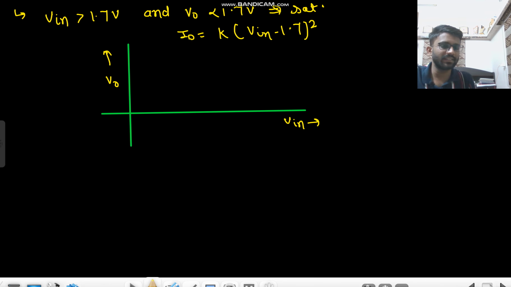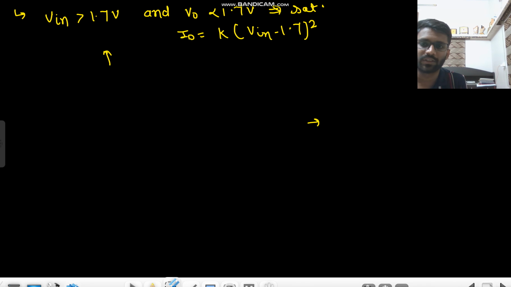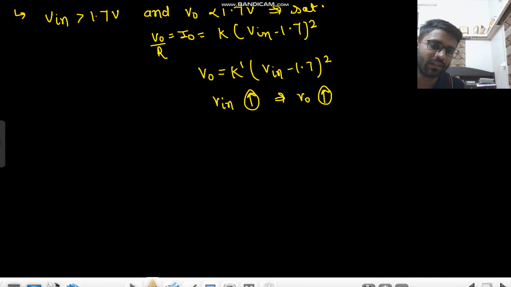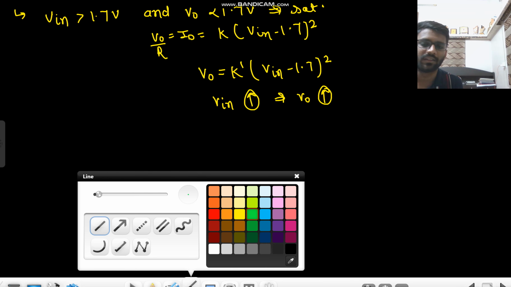If the current increases, then V naught increases. ID is equal to V naught by R. So your V naught would become some constant into V in minus 1.7 whole square. So if V in increases, then your V naught also increases, but at a slower rate than V in, right?